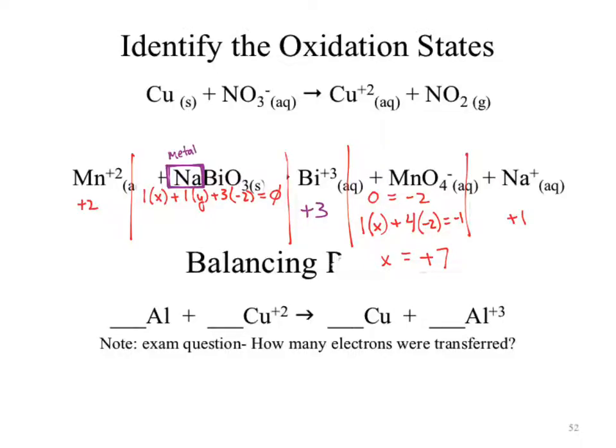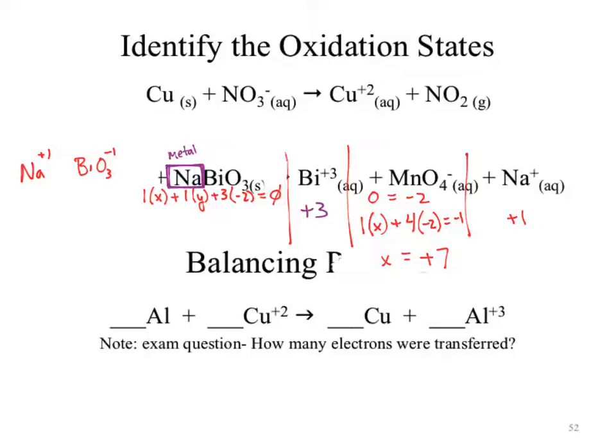What kind of compounds have metals? Ionic. What happens when we have an ionic compound? It splits into the ions, and really what I'm looking at is sodium ion with what charge? A +1, and the bismuthate ion with a -1 charge. How do I know it's a -1?